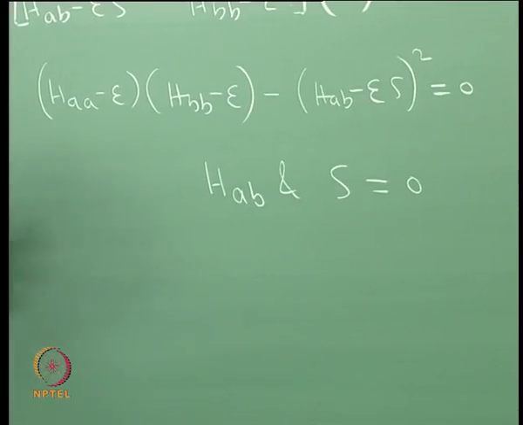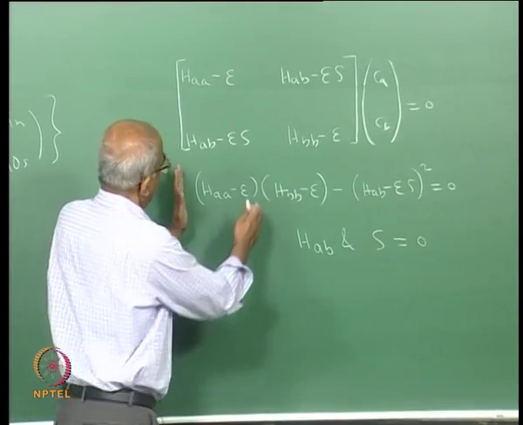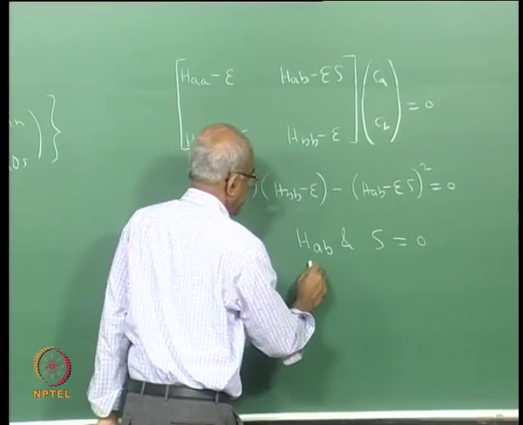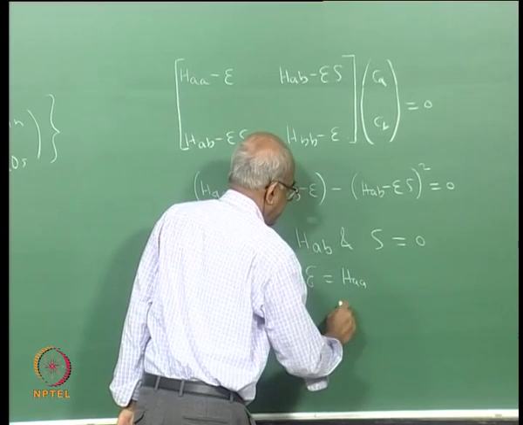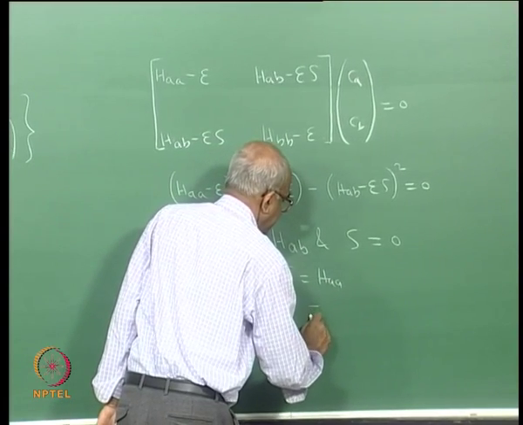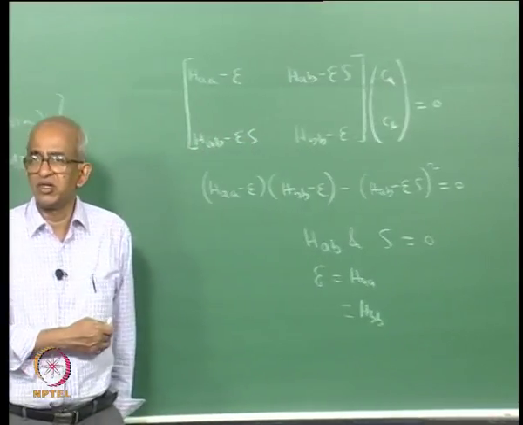Then what will happen? This term will actually be equal to 0, and then you will have this product equal to 0, which means that script E will be equal to HAA, and the other possibility is it is equal to HBB. These are the two roots of my equation.